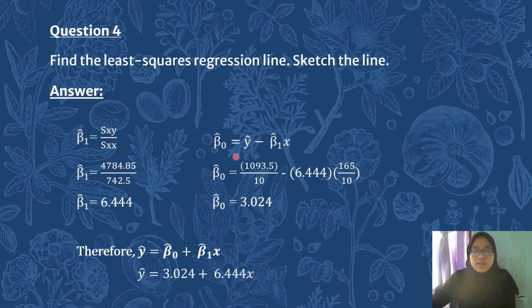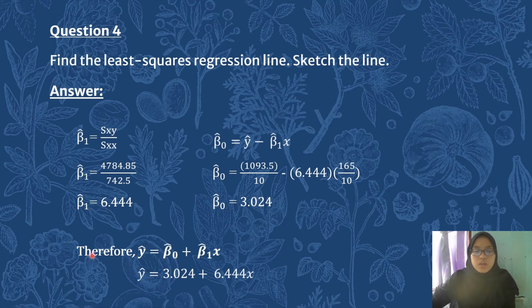We just replace the values into the formula, and then we got 1093.5 over 10, which is the sum of y over n, minus 6.444, the value of beta 1 cap, times x, which is 165 over 10. And then the value of the y-intercept, beta null cap, is equal to 3.024.